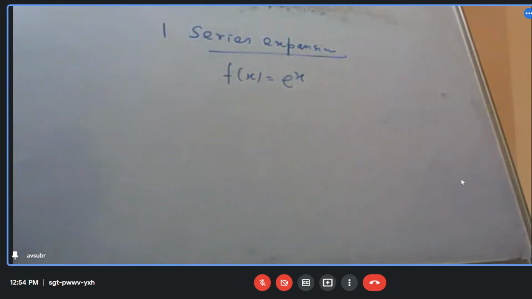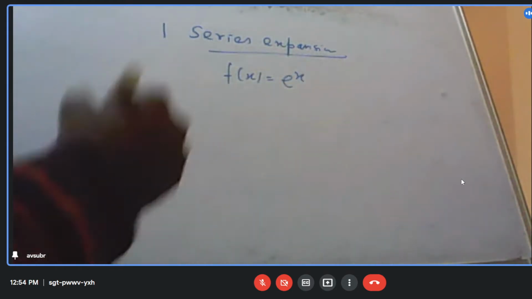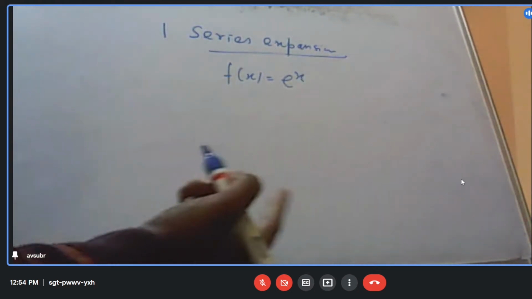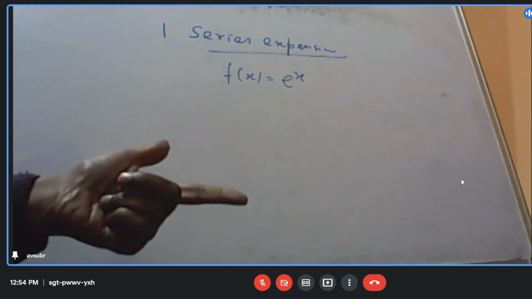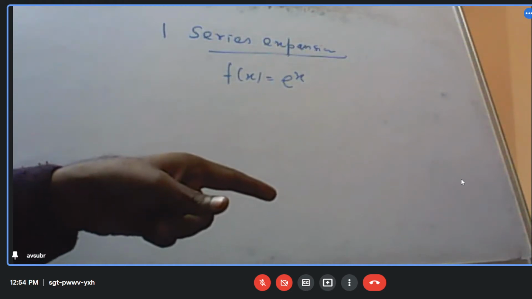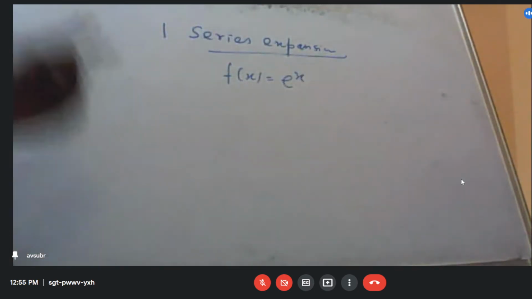So the series expansion of e to the power x around x equal to 0, let us see what it will be. We can use the Taylor series, which is also known as the Maclaurin series when we are expanding around x equal to 0. I told you.